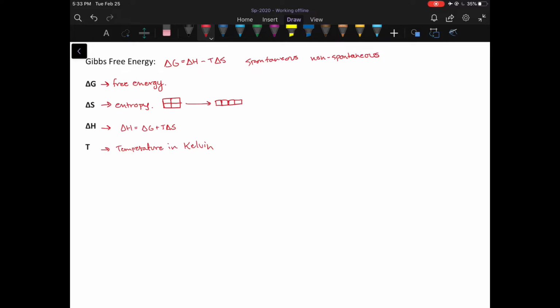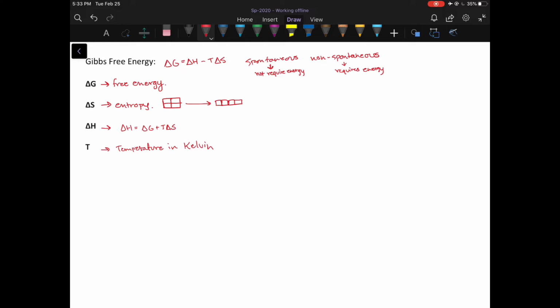So spontaneous reactions will not require energy to proceed. Non-spontaneous reactions will require energy to proceed.